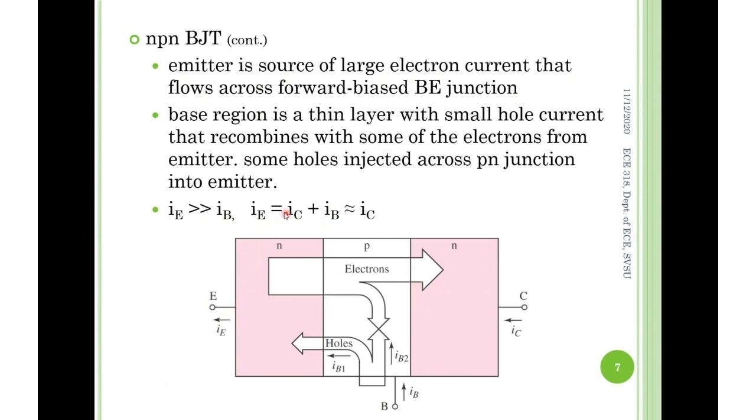Since the emitter current is way bigger than the base current, the emitter current is approximately equal to the collector current. Does this make some sense? Emitter current is very close to collector current, and the difference between them is nothing but the base current, very, very tiny.